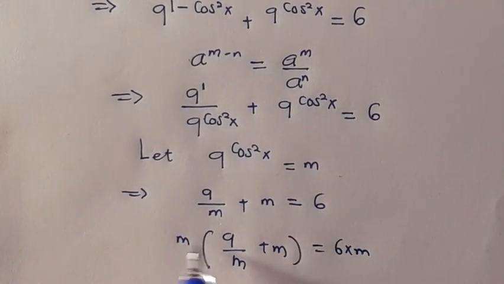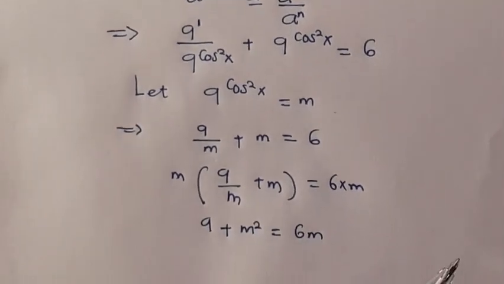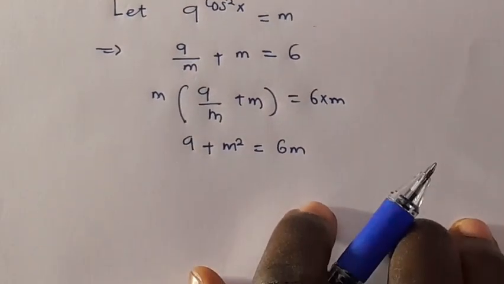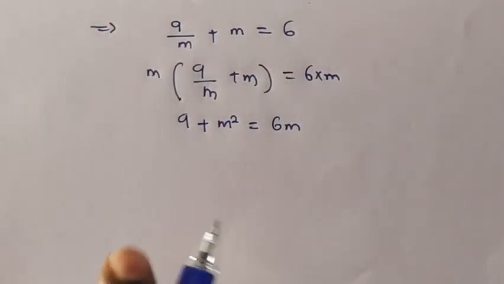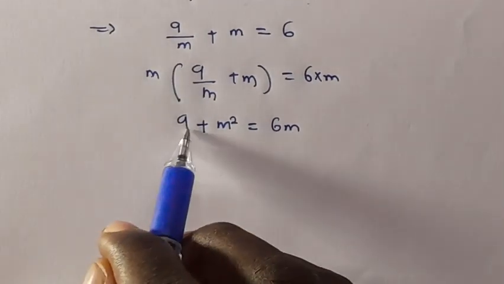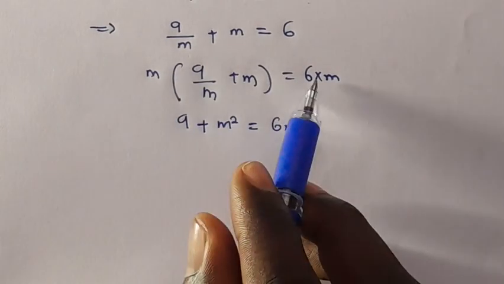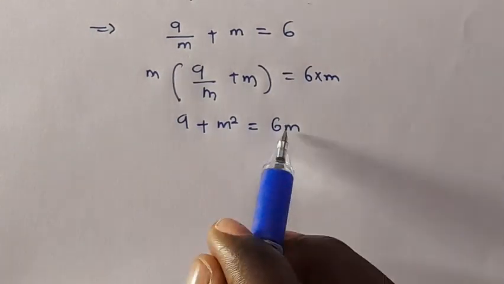So we cancel this, and we have 9 plus m squared equals 6m. So 9 divided by m times m gives 9, m times m gives m squared, and 6 times m gives 6m.